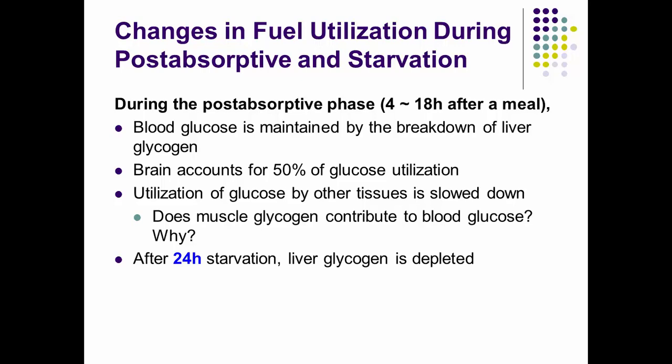I think it will still stick with 16 to 18 hours. I will make a correction for this slide later on. So again, after 18 hours of starvation, liver glycogen is depleted. 18 hours is the time point for glycogen depletion.